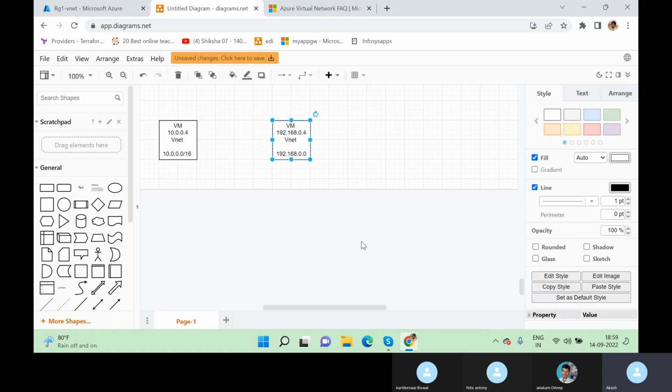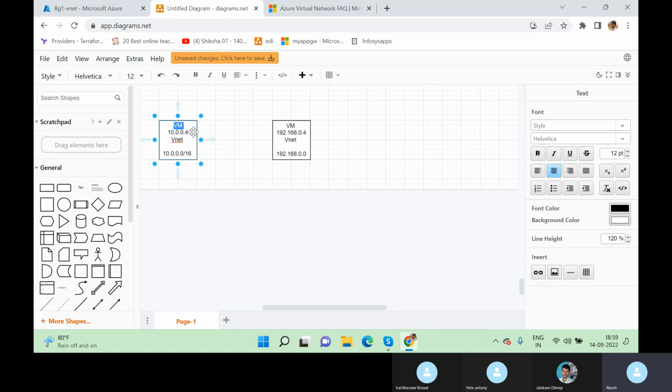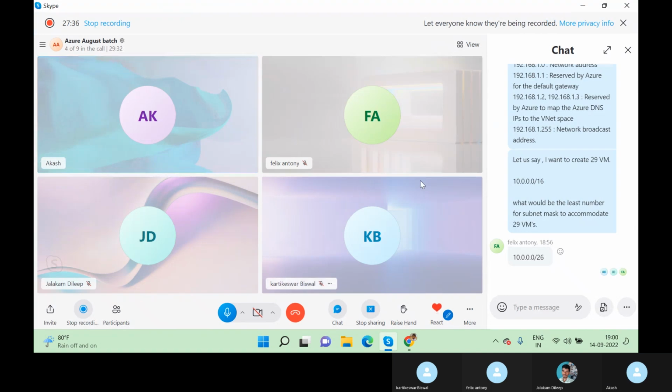They are part of two different VNets. Is it possible for me to create an RDP connection? I log into this VM, and can I RDP into this other VM via private IP address? Is it possible or not? It is a different VNet and a different subnet type, 192.168.0.0 and the other one 10.0.0.0.